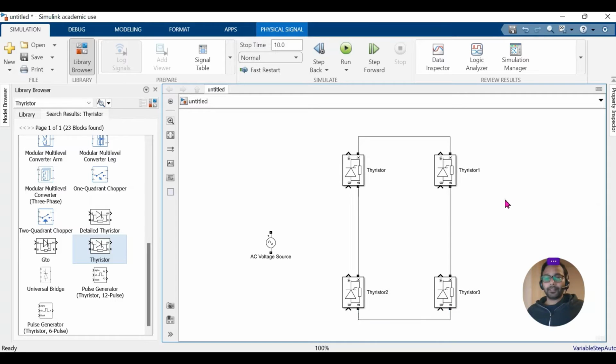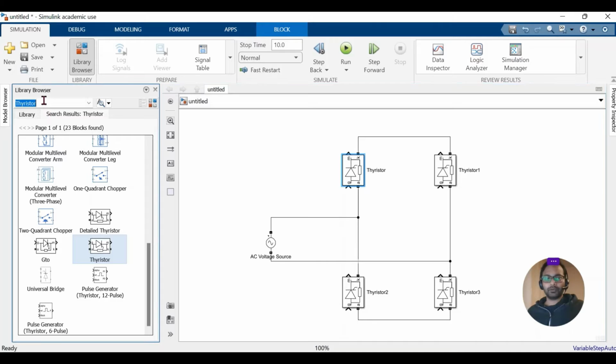Now the supply voltage. The positive terminal, I'm going to connect it to the first pair, and the negative terminal, I'm going to connect it to the second pair, like that.